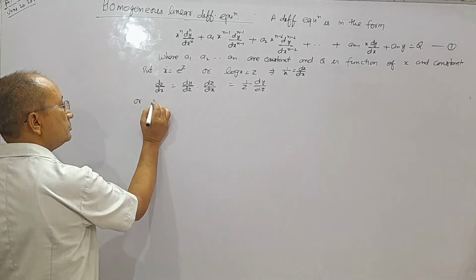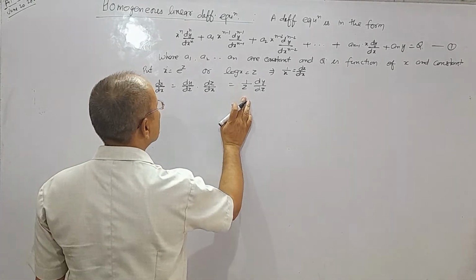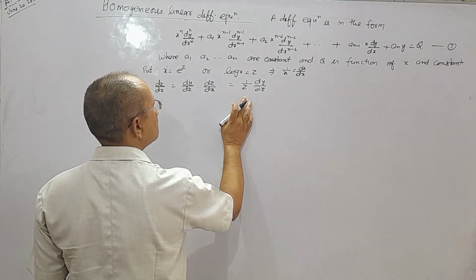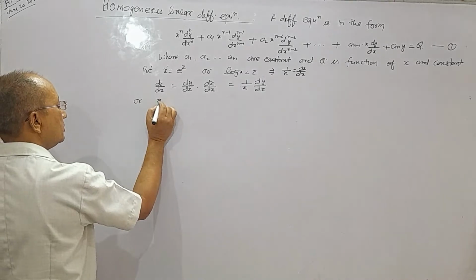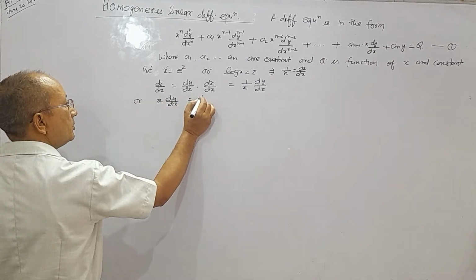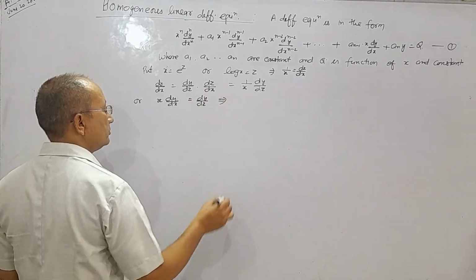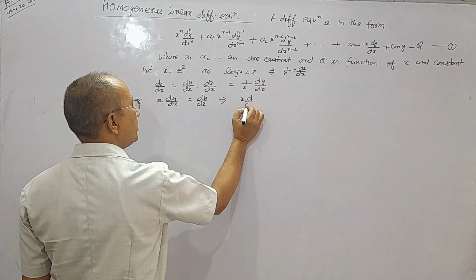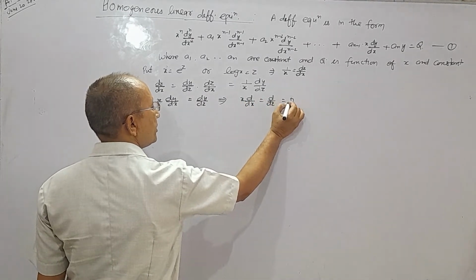Or x dy upon dx equals dy upon dz, or x d upon dx equals d upon dz, that is operator D.